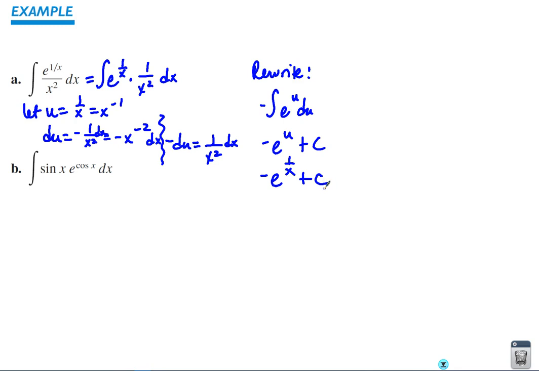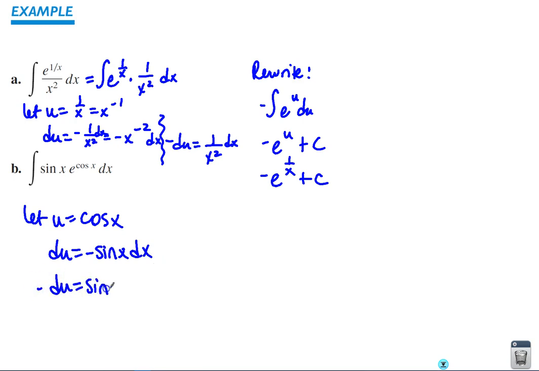So let's do this next one, sine of x times e to the cosine of x. I'm going to say let u equal cosine of x. So then du is negative sine of x dx. Negative du is equal to the sine of x dx. Rewrite.